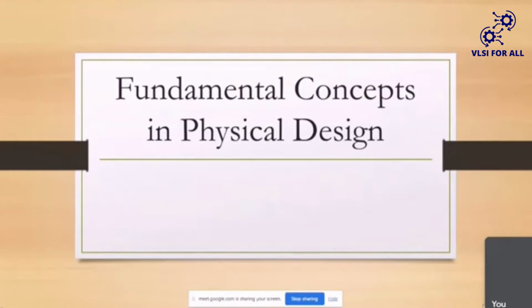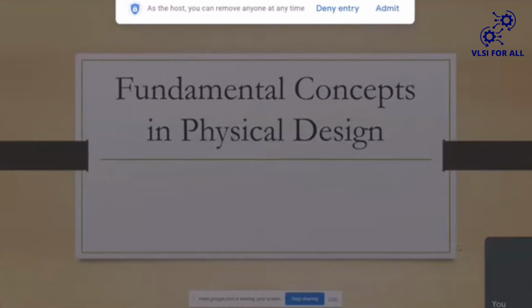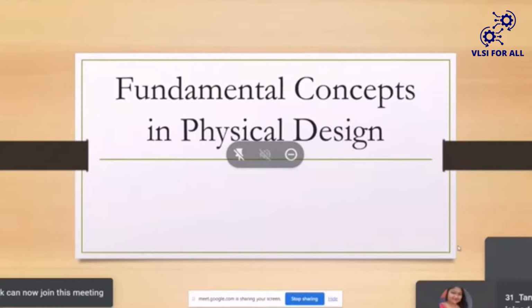Based on the requirement, based on your skill set, based on the possibilities, you may enter into any one of the areas. Okay. So before that, you must be clear with your concepts. If you are clear with the basic concepts, then for you it is very easy to be in the physical design area.